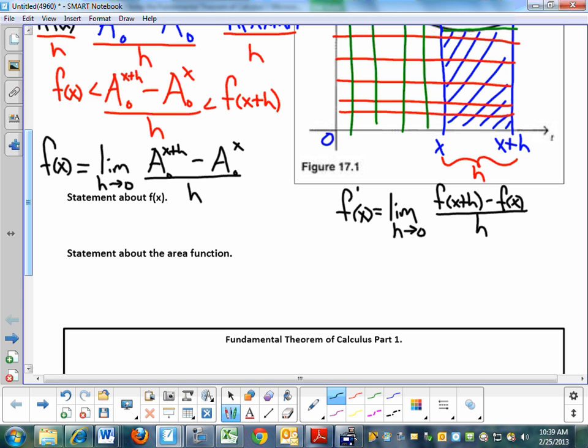If I want to take the derivative of f of x, I stick it into this. If I want to take the derivative of f of x, I use this piece right here, right? And I come out with f prime of x. Everybody good with that? So we'll use that same reasoning.